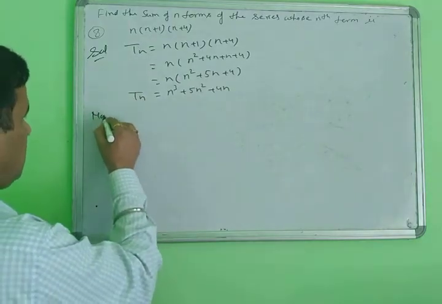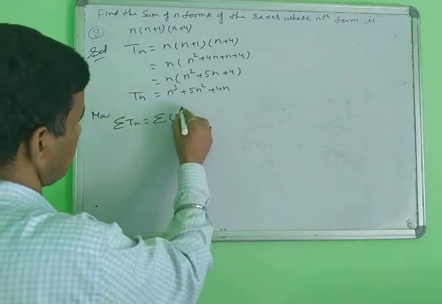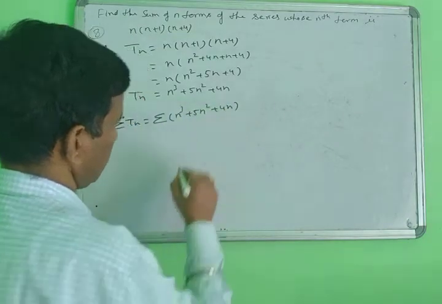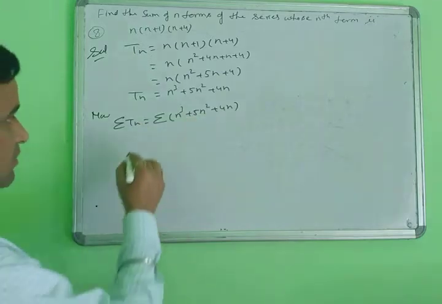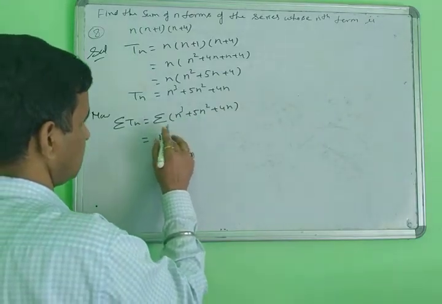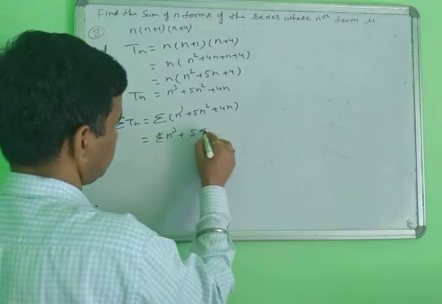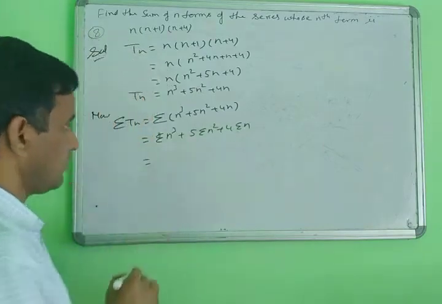Now sigma tn equals sigma of n cube plus 5n square plus 4n. Then you split this: sigma n cube plus 5 sigma n square plus 4 sigma n. What is the value of sigma n cube?